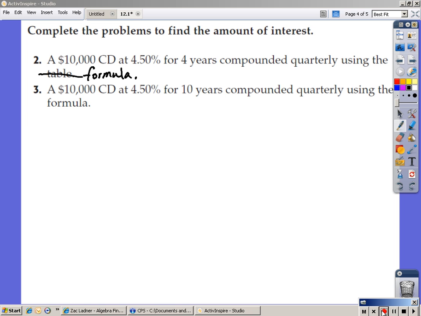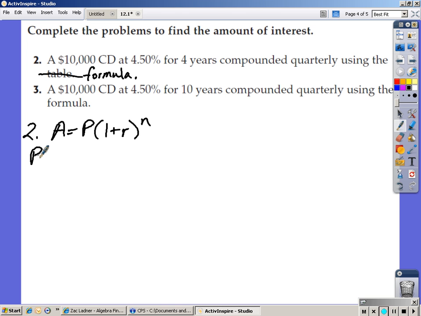Okay, let's go ahead and work number 2. All right, so again, A equals P times 1 plus R to the n power, where P is 10,000, R is 0.045 divided by, it's quarterly, divided by 4, and N equals 4 years quarterly. 4 times 4 is 16.